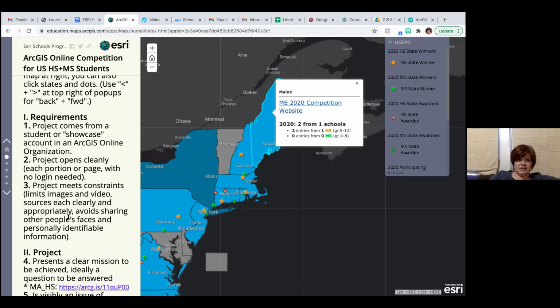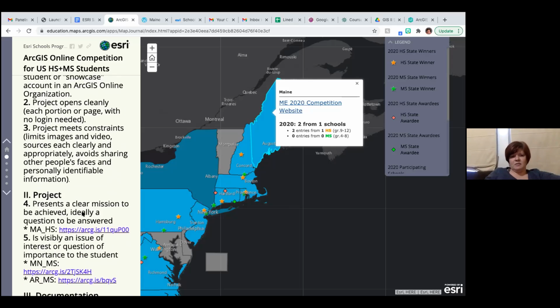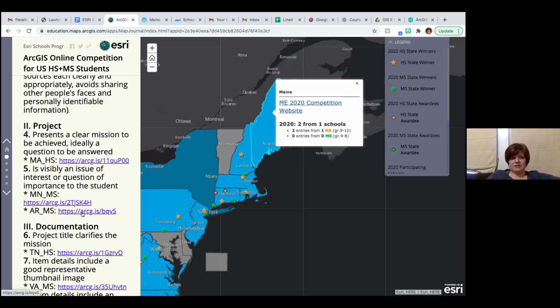And the project meets the constraints. So it limits images and video sources, each of those clearly, appropriately, avoid sharing other people's faces and personal identifiable information. So those are some things to keep in mind.